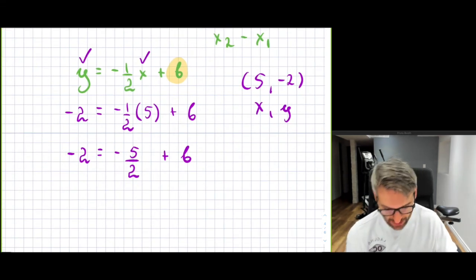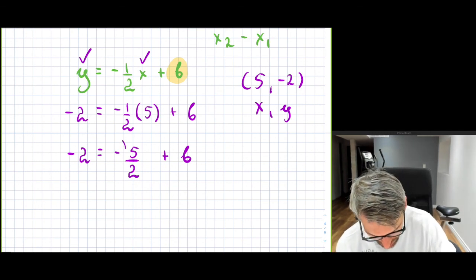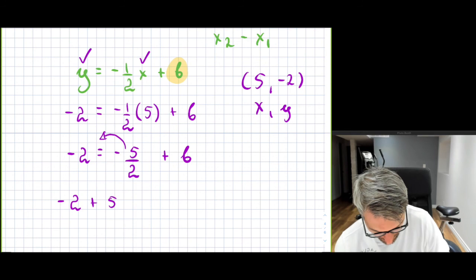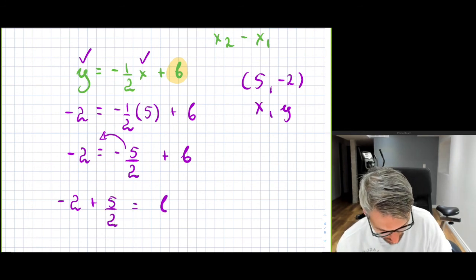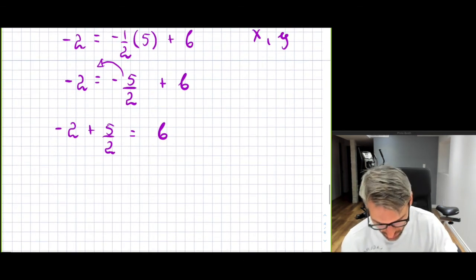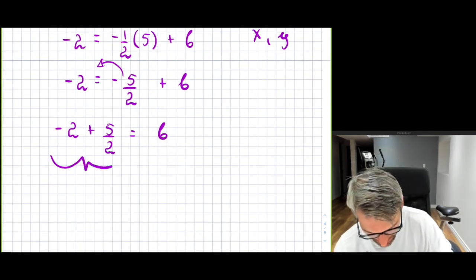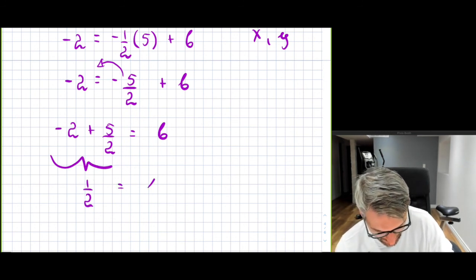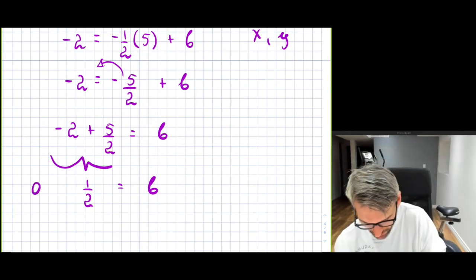If you bring this over to the other side, you're going to get negative 2 plus 5 over 2 is equal to b. And 5 over 2 is 2.5, right? So when you do this right here, this is just going to give you 1/2. So this is 1/2, and that was your b, or 0.5.